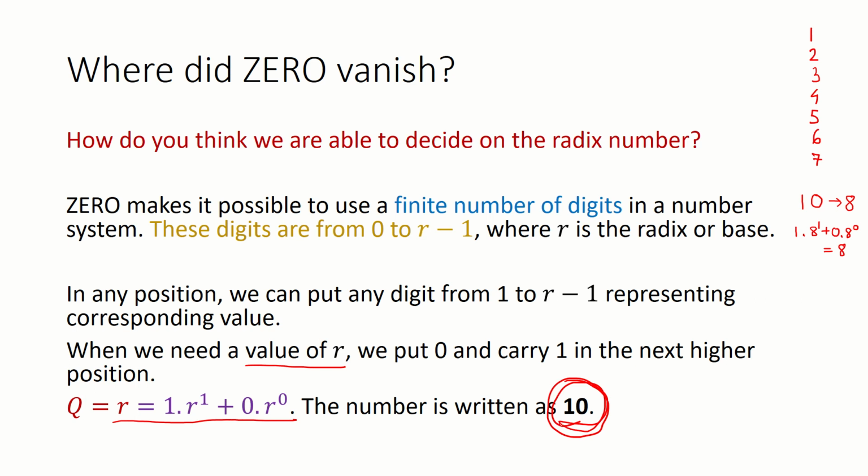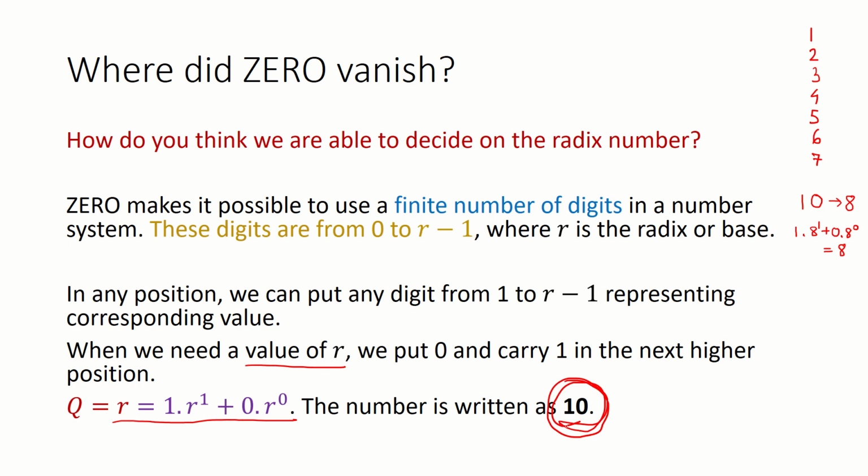So the same 1 0 represents different quantities in different number systems, and the speciality of 1 0 is that it represents the quantity equal to the radix of that number system.